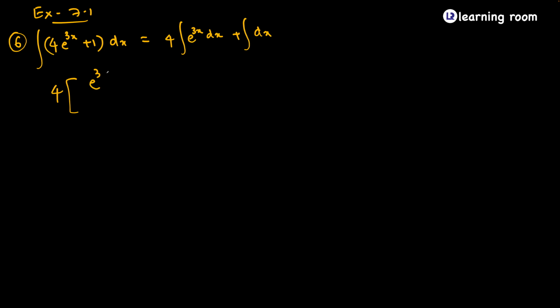It will be e power 3x divided by 3, right? Plus, what is the integral of dx? It is going to be x itself. So this is going to be 4 into e power 3x by 3 plus x plus c.